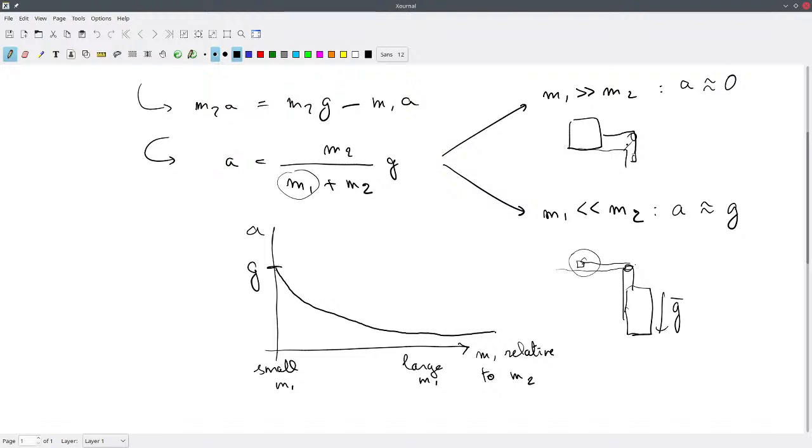And of course we could just plot this versus m1 divided by m2, and rewrite this term in terms of m1 over m2, and then you could do this in a computer program that can give you that plot as well, of course.